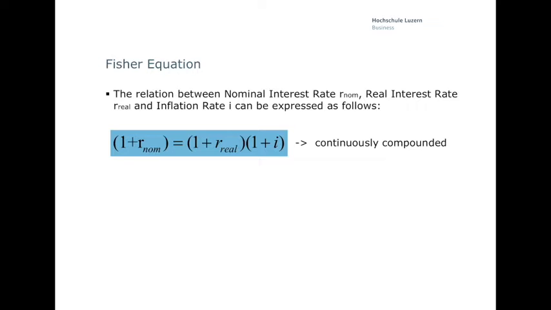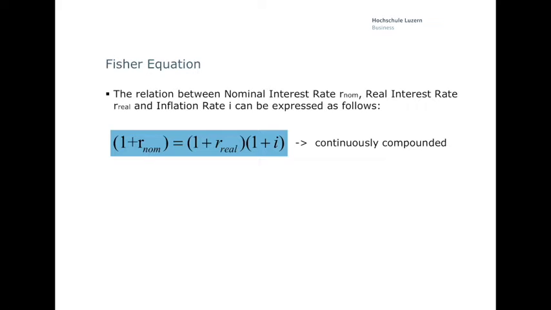So far we have learned how inflation can be measured by the Consumer Price Index and how the real rate of interest depends on demand and supply of funds. In the next step, we can compute the nominal interest rate with the help of the Fisher equation.